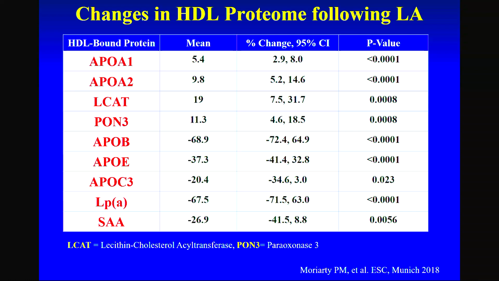I think Bob Rosenson has been talking about this for years. ApoE is bound to it, we published that years ago. ApoC3 is bound to it, and we removed that. Lp(a), there's a little Lp(a) bound to HDL that we never knew about, but with proteomics, we're able to find that out. And serum amyloid A, which is a very major pro-atherogenic, pro-inflammatory marker, is reduced by almost 30% with apheresis. So we're reducing bad HDL.